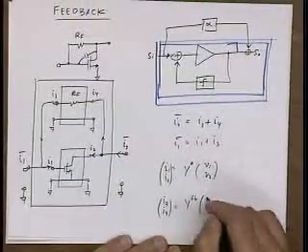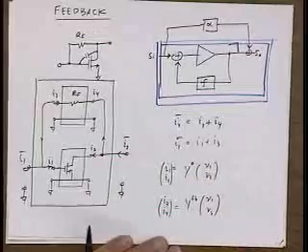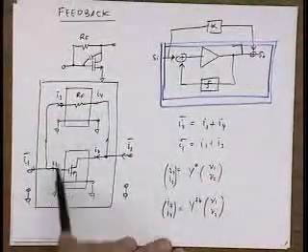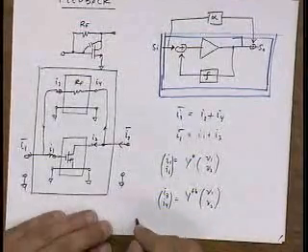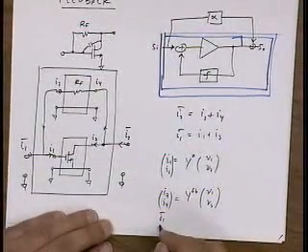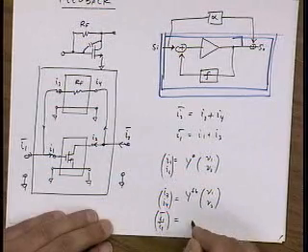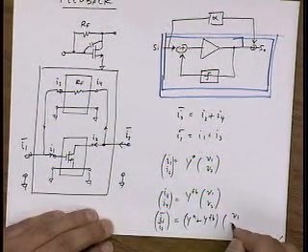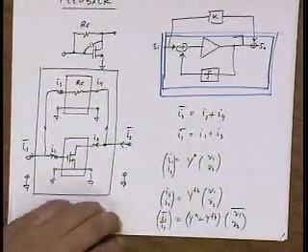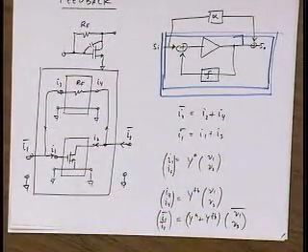And now it's the same V1, V2. I don't need to define V3 and V4 because they're actually in parallel. And now I can just sum these, and I end up getting I1 bar, I2 bar equals Y amplifier plus Y feedback times V1, V2 bar, because the bar domain is the same as the non-bar domain.